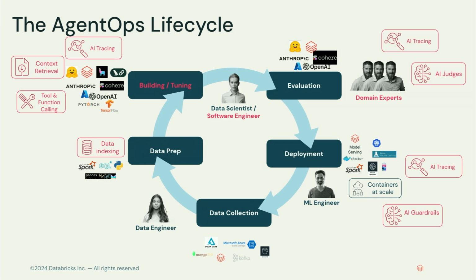This is where you might also be fine-tuning or customizing your model using TensorFlow or PyTorch. And tracing is critically important in this step because it tracks every step the agent takes and captures the input and output, cost and token usage, all these metrics, so you can review and make sure the agent gets to high quality.